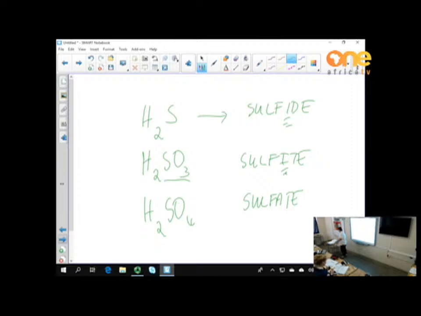Then carbon monoxide is neutral, nitrogen monoxide and dinitrogen monoxide. So carbon monoxide, nitrogen monoxide, and dinitrogen monoxide are all neutral oxides. In other words, they don't affect pH. They are neither acidic nor basic.